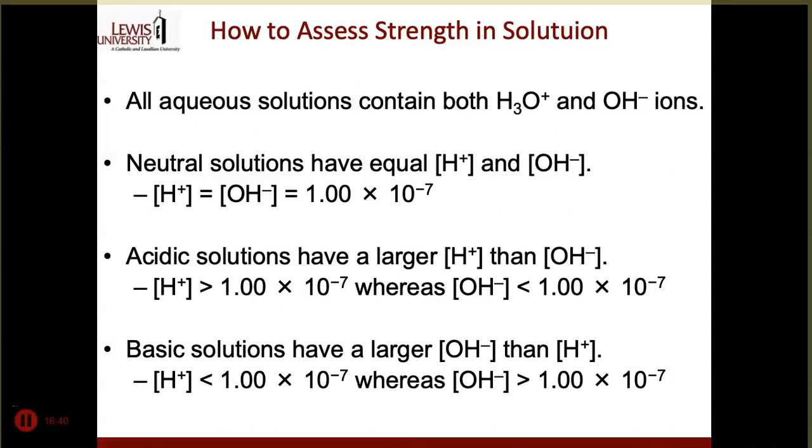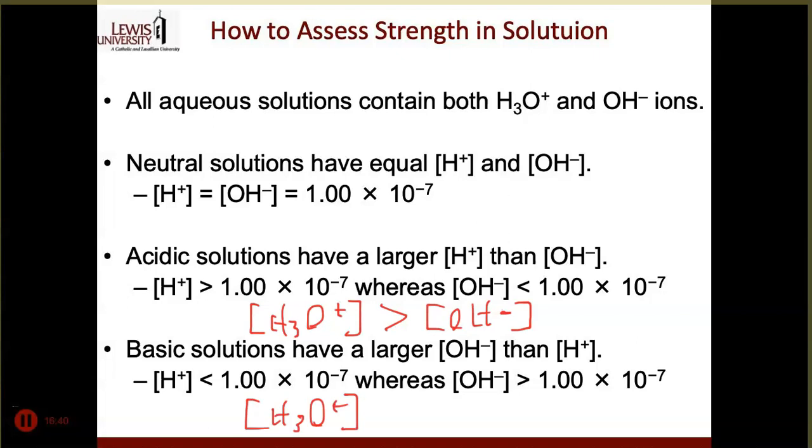So here, what we see is that our concentration of hydronium is actually greater than the concentration of hydroxide. We're out of balance, and that gives us an acidic solution. Now, for a basic solution, the concentration of hydroxide is actually greater, and that's what creates our basic solution.